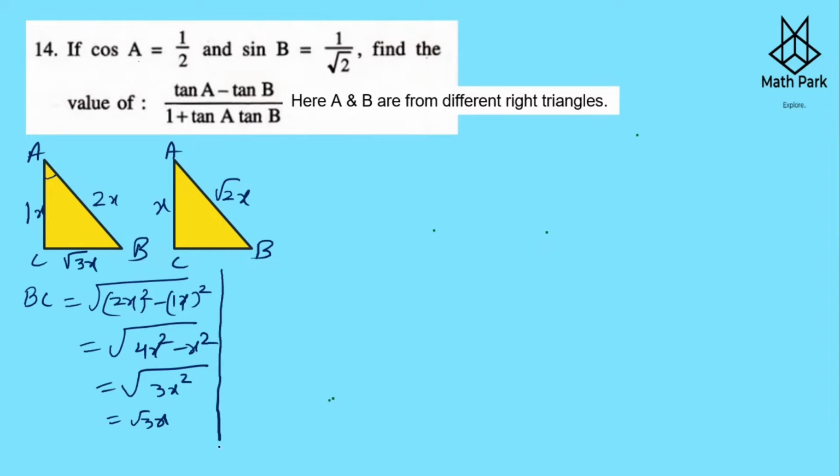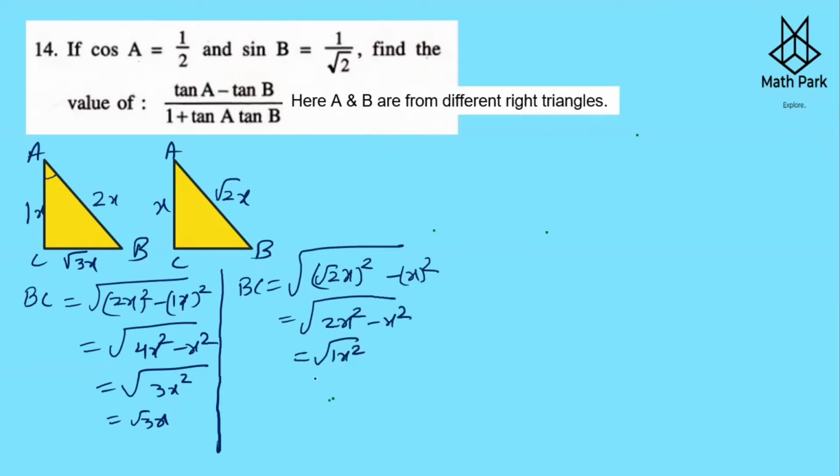For the second triangle, this is going to be square root of (root 2x) the whole square minus x square, which is 2x square minus x square, that is root of x square, that is simply x.